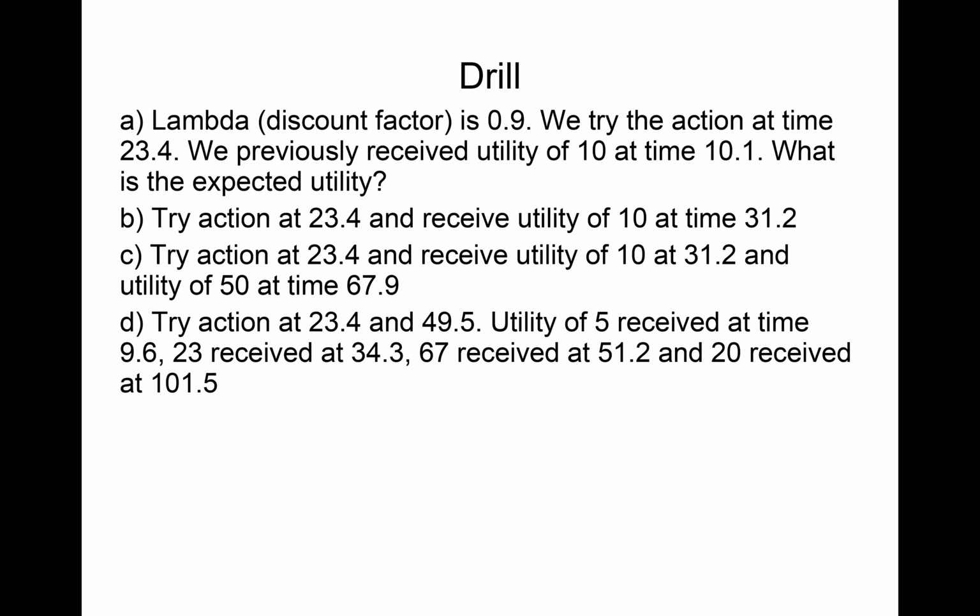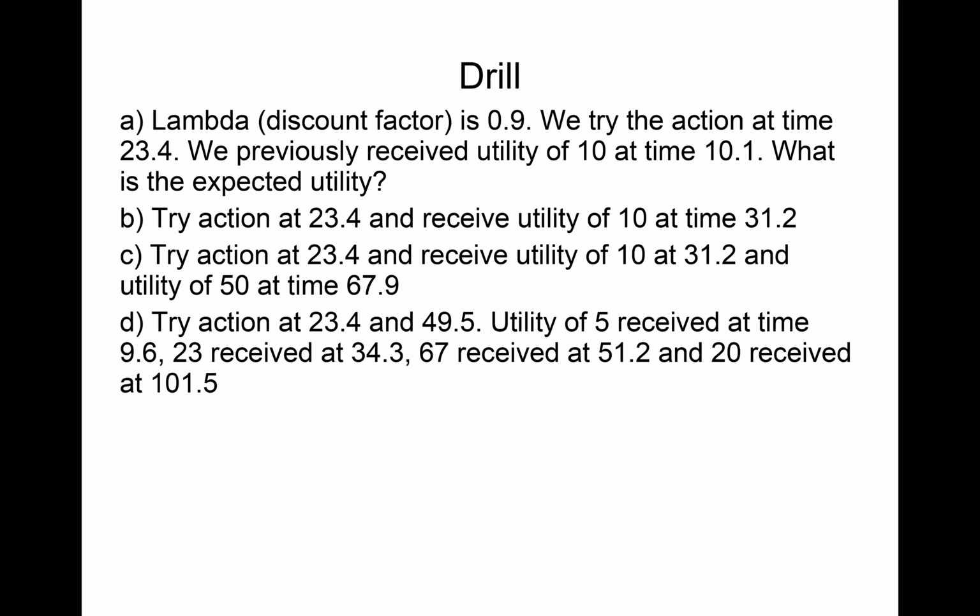But there it is. And you do the math with the calculator and see how much each one impacts. Okay, and then the last thing, and then we'll be done for today, is try action. This time we're going to try the action 2 different times. Now remember, what you do is you consider each one of those independently and average them. That's what that equation says to do.